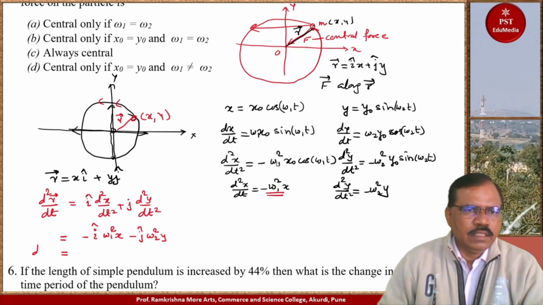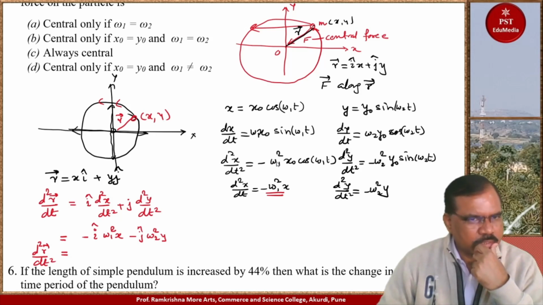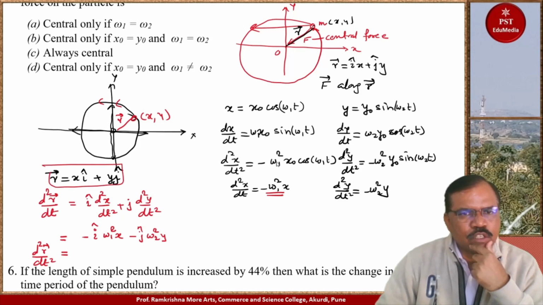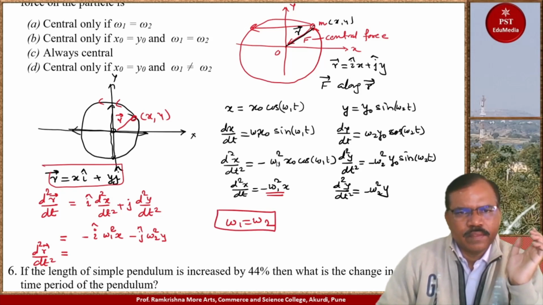So here d2r by dt square is not proportional to r, because r is this. But suppose we take omega 1 equal to omega 2.